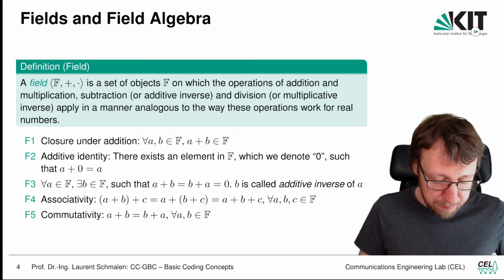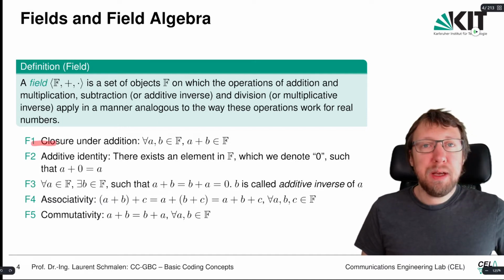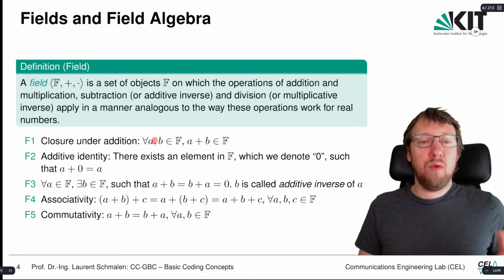They are listed here. So we must be closed under the addition. What does this mean?